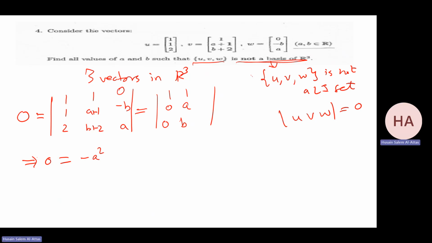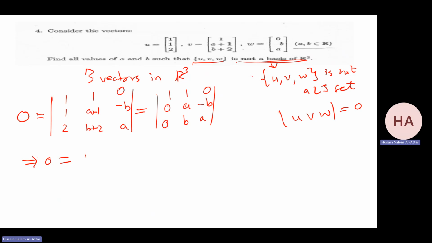Okay, let me do it again. It's a matter of calculation. This is 0. Minus 1 and add, that will be 0. Minus 1 and add, that will be a. Minus 1 and add, that will be minus b. Minus 2 and add, that will be 0, then b, then a.